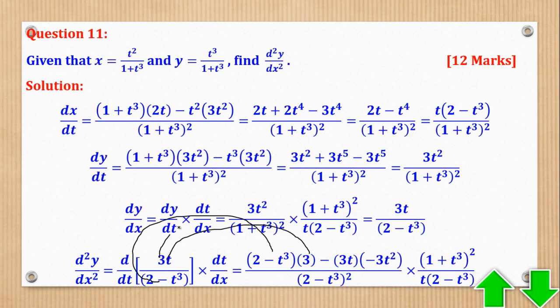Then minus, keep the numerator constant, differentiate the denominator, divided by the denominator squared, and multiply by dt/dx. dt/dx, we already saw that it is this. So we have differentiated, but we have to simplify.